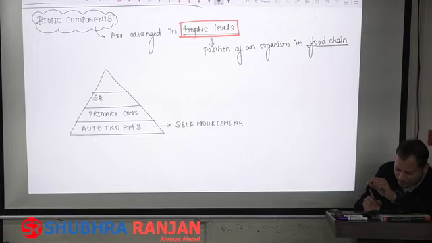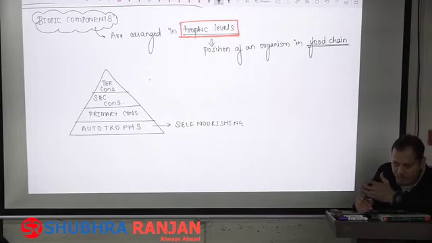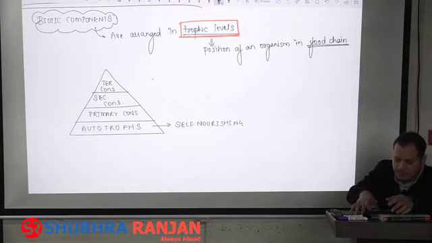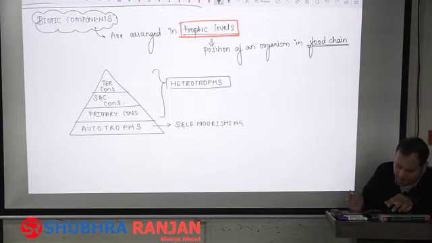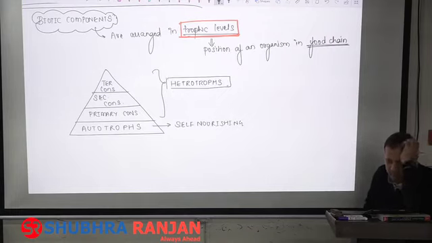We have the secondary consumers. We have the tertiary consumers. And these all are known as heterotrophs. Heterotrophs, that is the other nourishing.